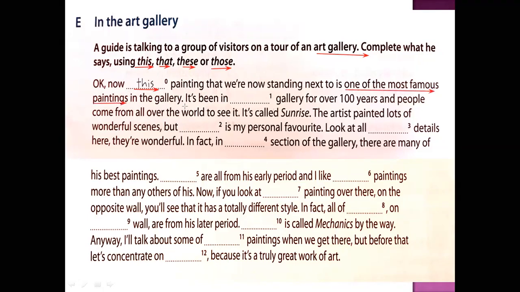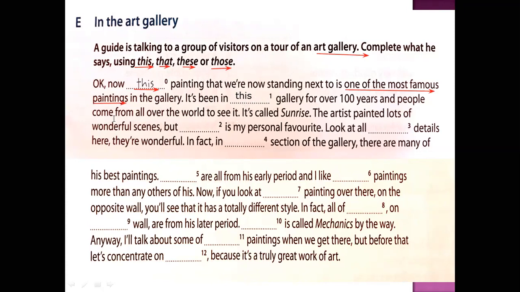So what do you think of the next one? It's been in that or this gallery. It's been in this gallery. Why? Because it's present, right? In this gallery for over 100 years.